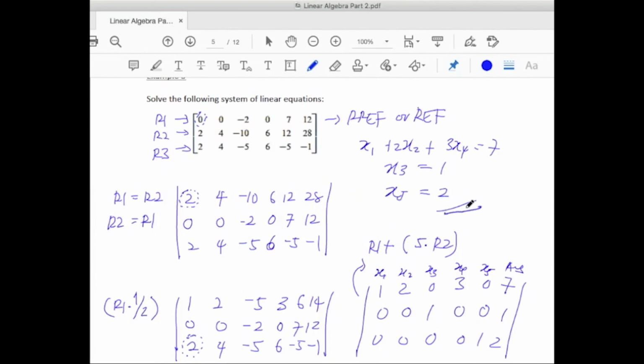So that would be our solution, where we have a specific solution for x3 and x5. Based on these solutions, your values of x1, x2, and x4 must have a specific value to get it to become 7. Because of that, we can say this system has a unique solution.